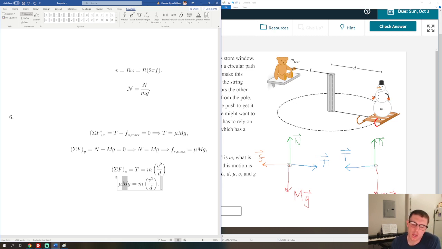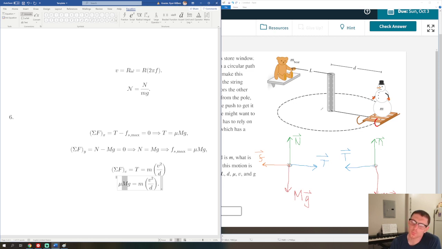Yeah, no, that's a good question. So the question is, why do we write d instead of L for the centripetal force expression? And that's just because the only thing that's undergoing circular motion here is the snowman and the sled, and we can see from the sketch that the radius in this case is d, right? It's just the distance from the center of mass of this combined object to the point about which the circular motion is happening.